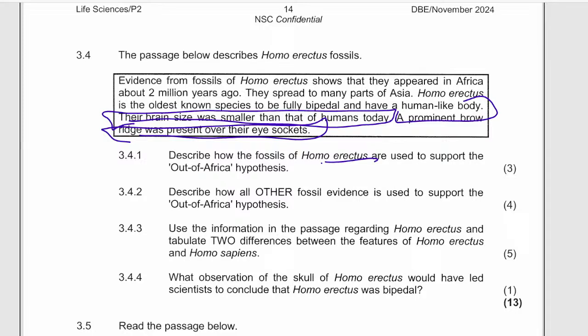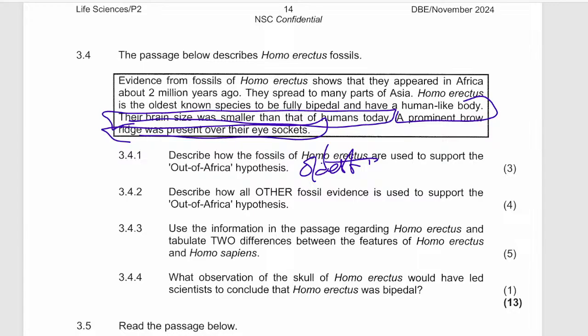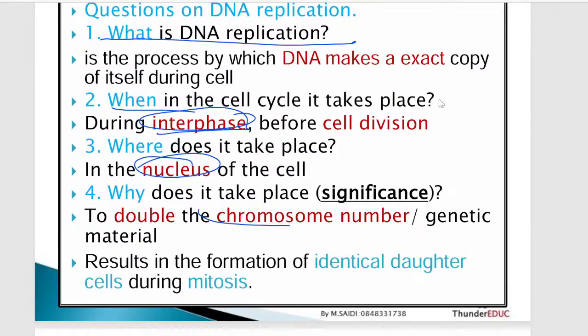You have to tell us that the oldest, that word oldest is a mark, the oldest fossil of Homo erectus was discovered in Africa, which concludes that modern humans originated from Africa and then went to other parts of the world.